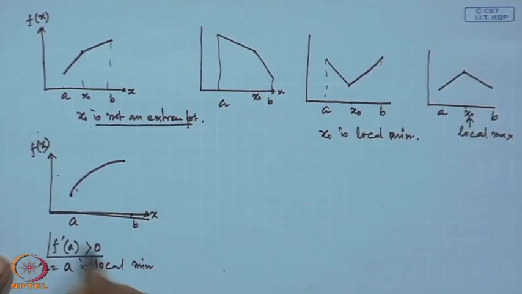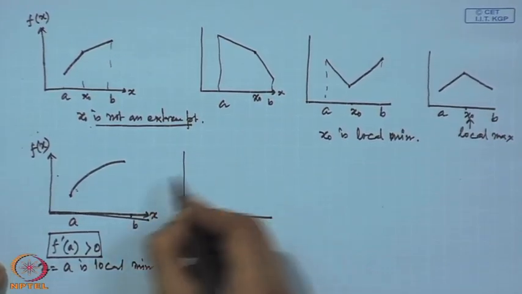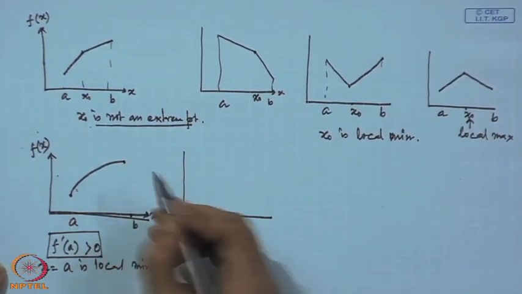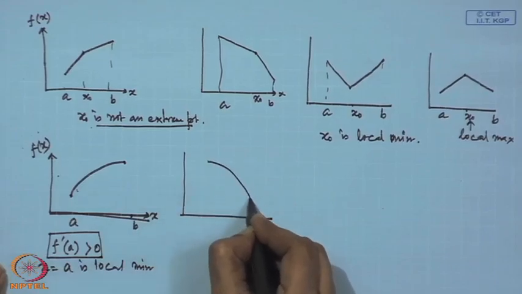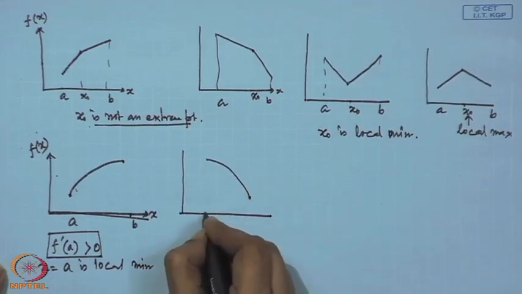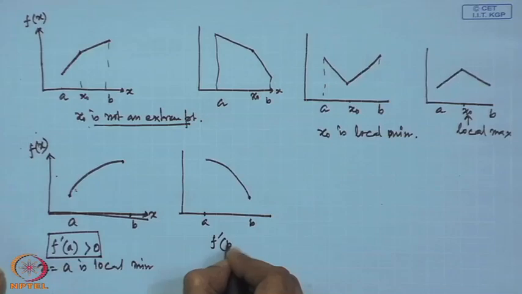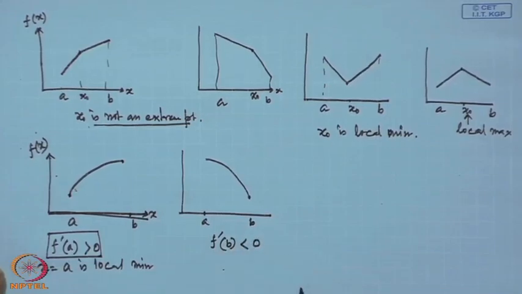Still we have f dot a greater than 0. Similarly, if the function is like this, at point b, the same case at the end point, f dot b is less than 0, because the function is decreasing. In this case, if we apply the classical optimization technique, we can't say anything about x equal to b.